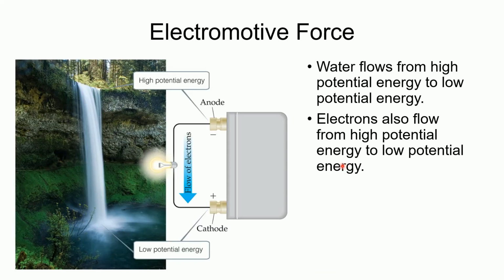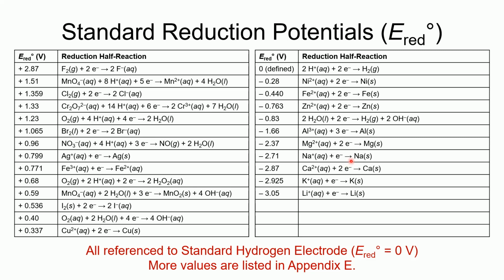All right, so now we want to look at something that we call standard reduction potentials. We use these to calculate standard cell potentials. There is a table in Appendix E that has a more complete list of reduction potentials, and in that list they are listed alphabetically by symbol rather than ordered by the actual reduction potential.